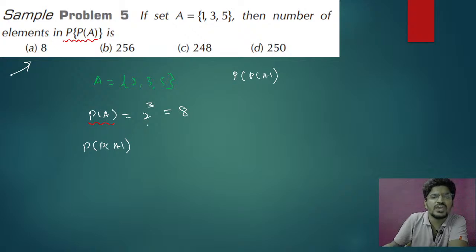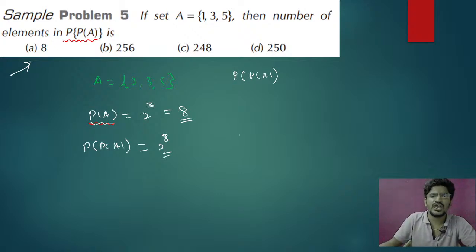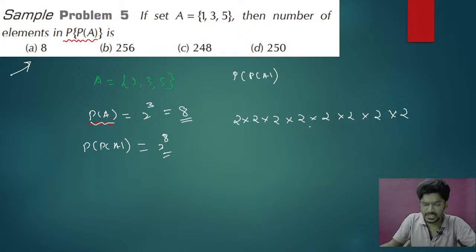P of A means now you got 8. So P of P of A means 2 to the power of 8. You just calculate 2 to the power of 8. That means 2 into 2 is 4, then the 5th, 6th, 7th, and this is the 8th.